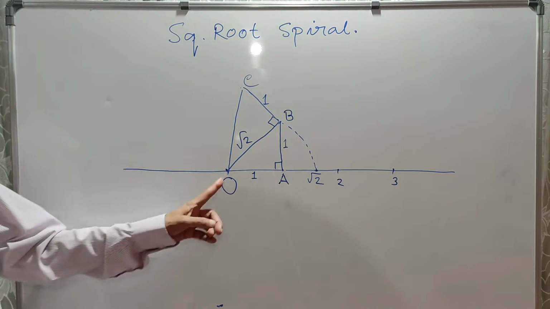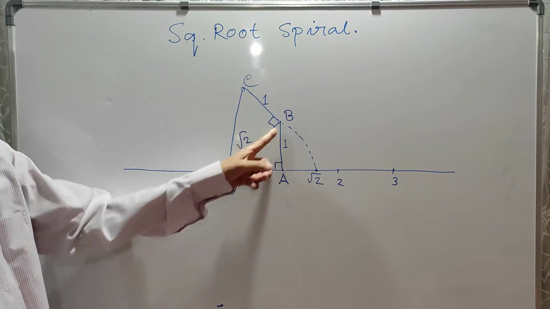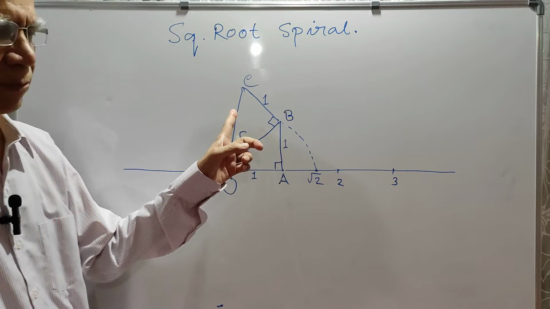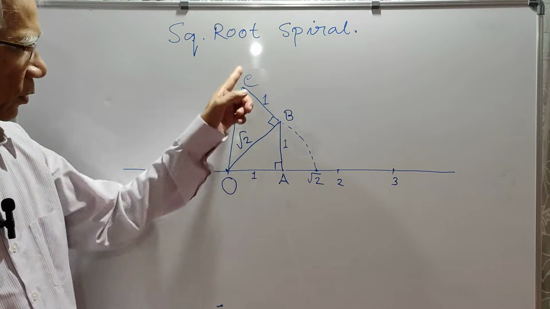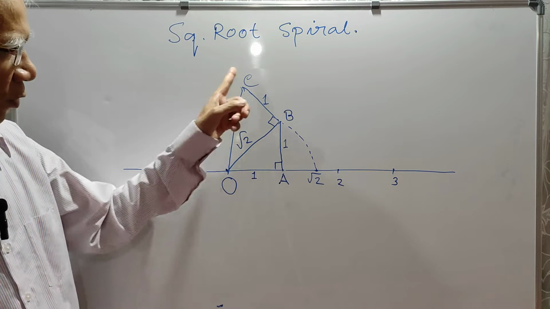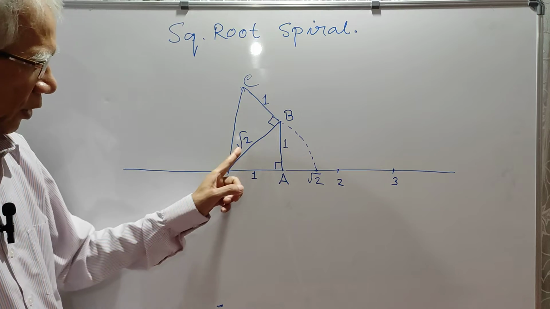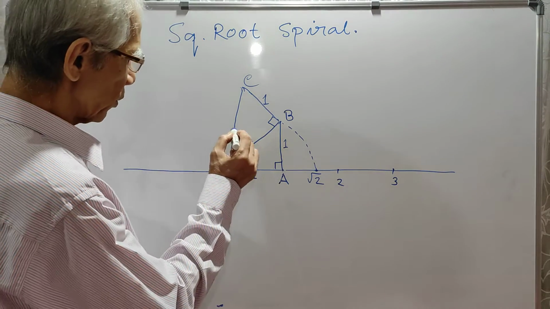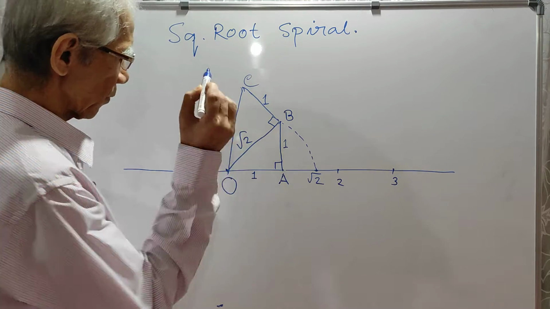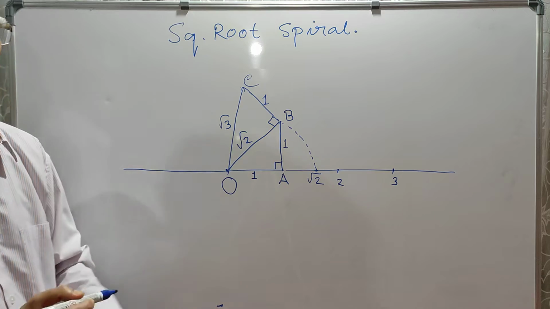Now again we see OCB is a right angle triangle. Therefore using the Pythagoras theorem, again we can find the length of this hypotenuse OC. OC will be root over this square plus this square. That means this square is 2, this square is 1. So 2 plus 1, 3. So OC length will be root 3. We have found it out by the Pythagoras theorem.